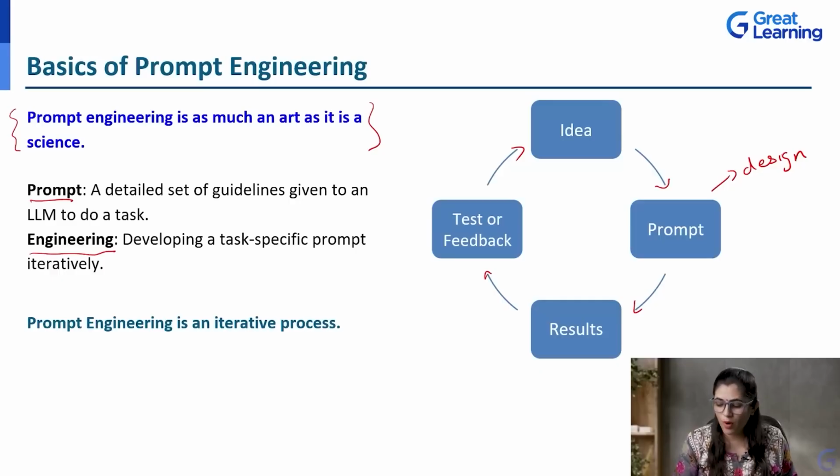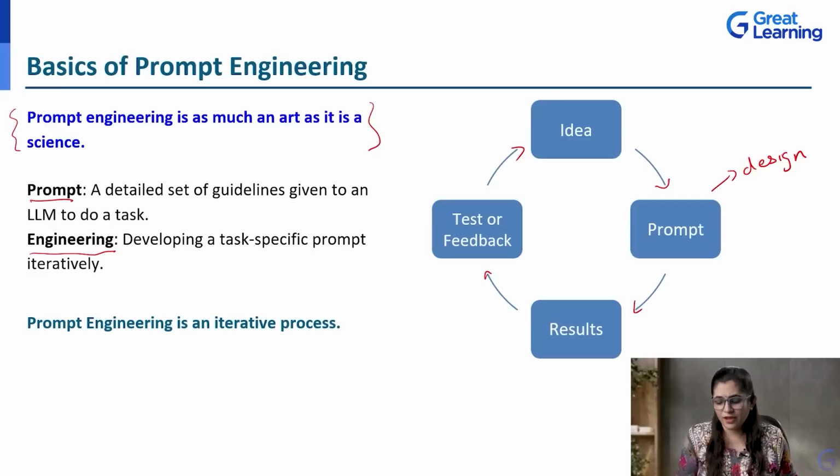Now, once you have the prompt and you have the results, you might not be very satisfied with the result. This is where you have a conversation with your ChatGPT, with your model, and reinforce the model to give you a good result, a good output, which is what you want.